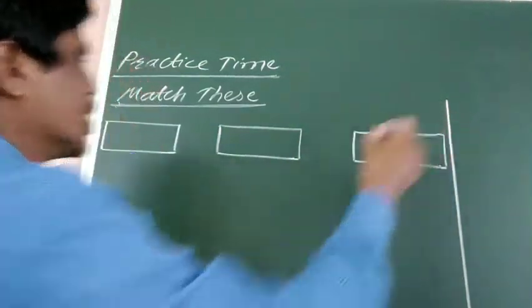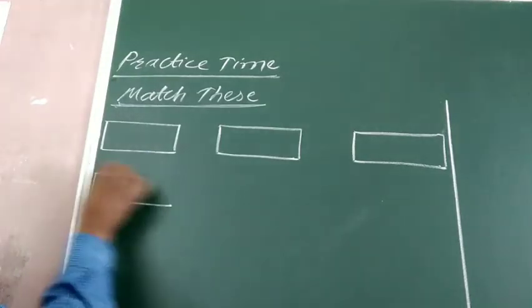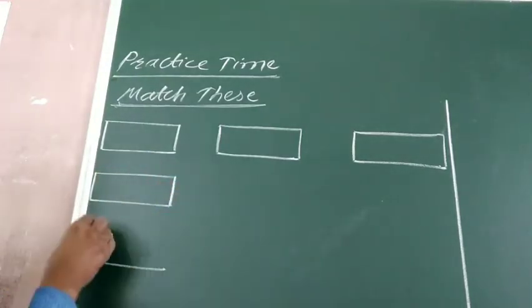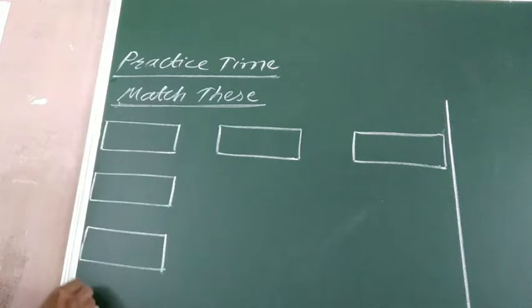Now it is 1, 2, 3, 4, 5, and this one is 6. So this way there are 6 boxes.